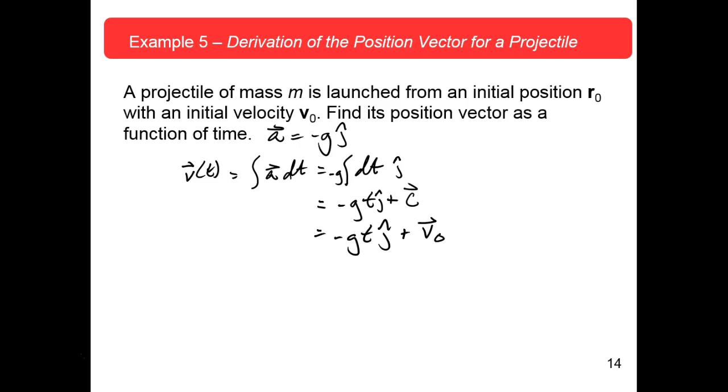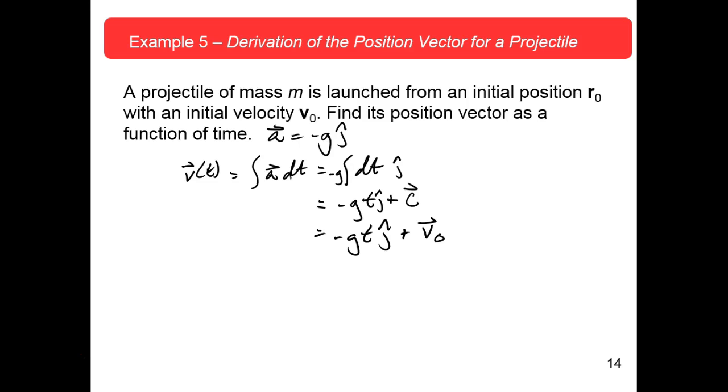Now, guess what we do next? That gives us our velocity vector, but we're looking for a position vector. So what do we do? Integrate again, of course.